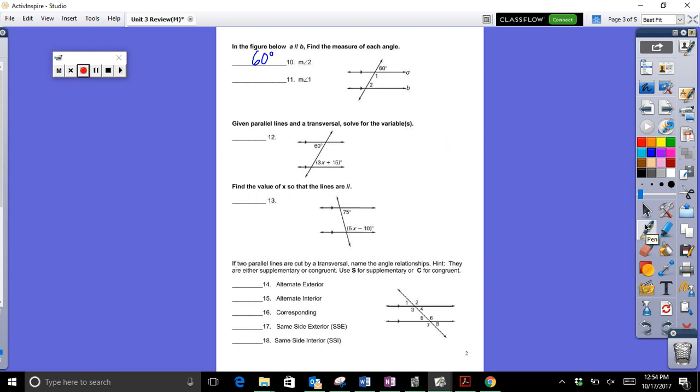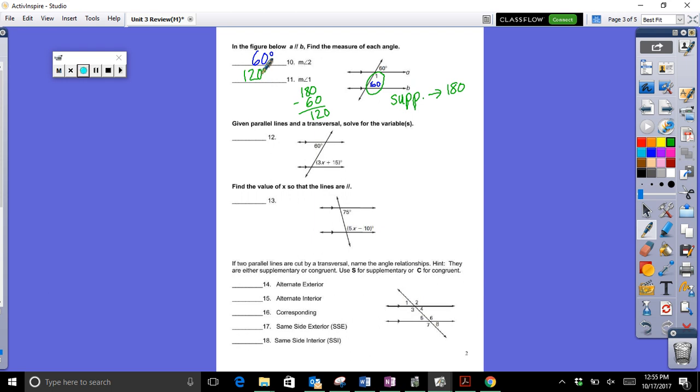Angle 1 and angle 2 are going to add up to be supplementary because they're same side interior. Supplementary means they add up to 180. So to find angle 1, all we do is subtract 180 minus 60, and we get 120. So angle 1 is 120 degrees.